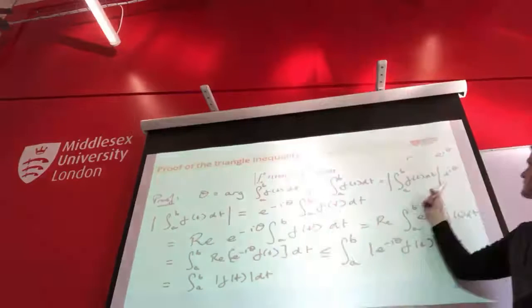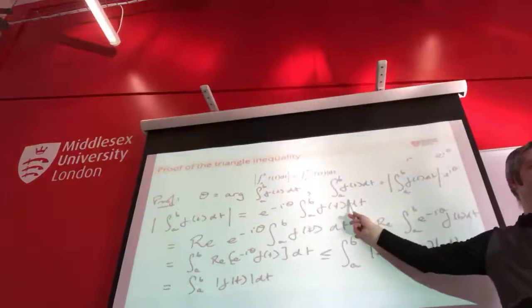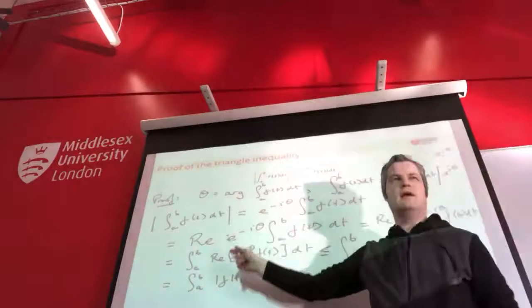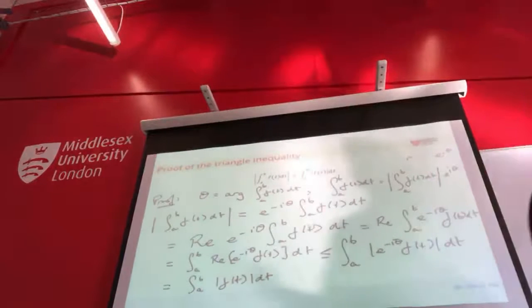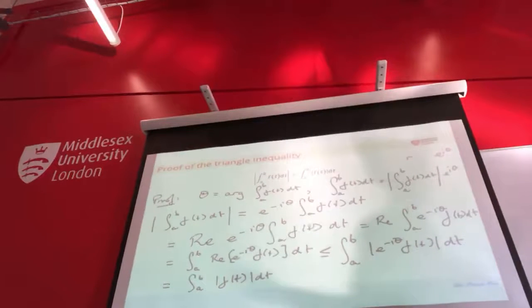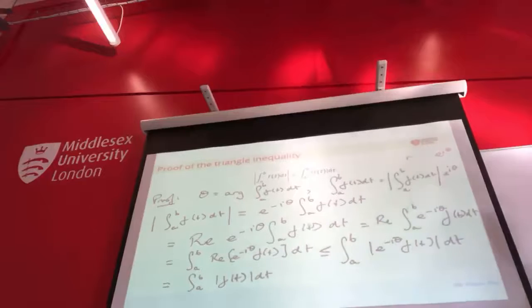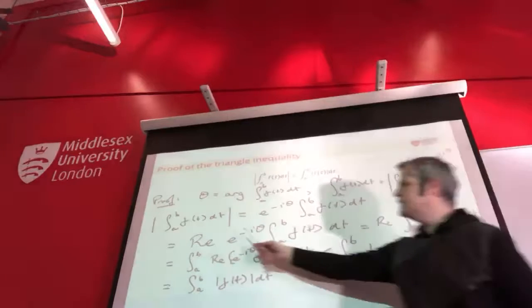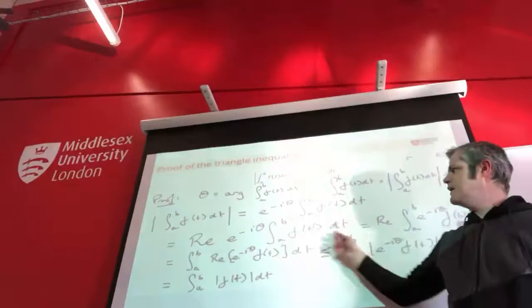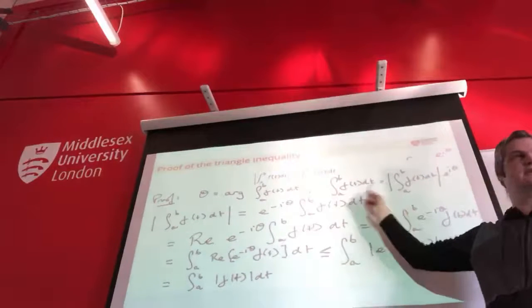So I moved the e to the i theta to this side, making it 1 over e to the i theta, which is e to the minus i theta. So the absolute value is e to the minus i theta times this; it's just rearranging that.